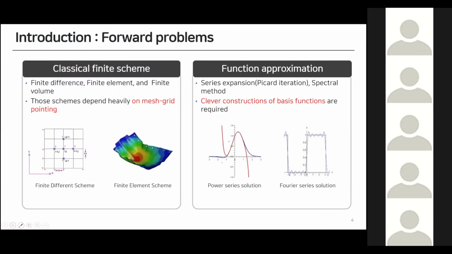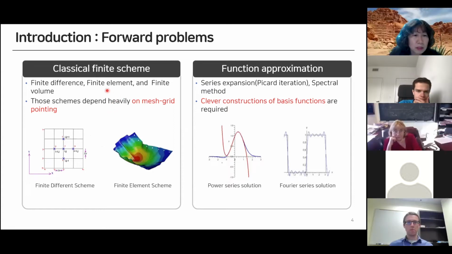Traditional numerical methods for the forward problem can be classical finite schemes such as finite difference, finite element, and finite volume. However, these schemes depend heavily on mesh grid pointing, as you can see here. There are also function approximation methods, such as series expansion and spectral methods, in which clever constructions of basis functions are required.